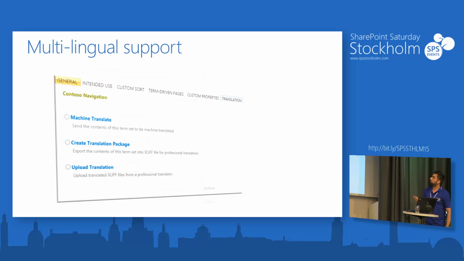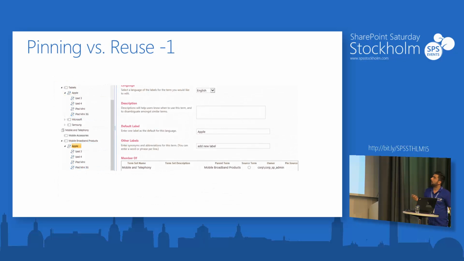Then there is multilingual support. Managed metadata is provided with multilingual support. Even if you don't have the language pack installed, you can still translate your managed metadata with the help of machine translation services, or you could create a translation package or upload translations. And then we have pin versus reuse. As you remember, reuse is from the 2010 platform.